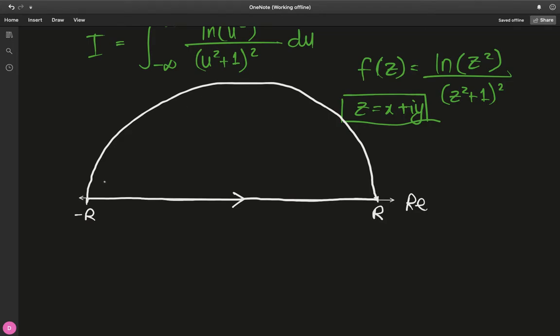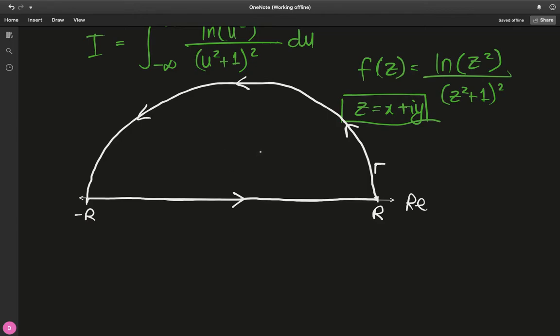And this entire semicircular path, this upper arc, is what I'm going to call gamma. So we are going to go from minus r to r, and then we're going to arc back this way to minus r again. So it's a closed loop essentially.